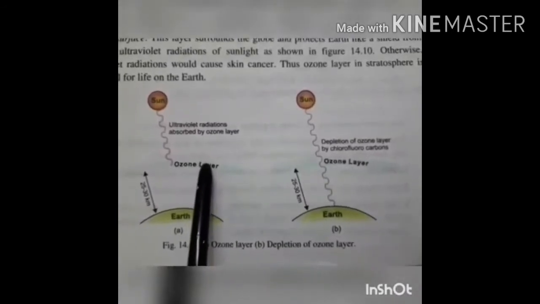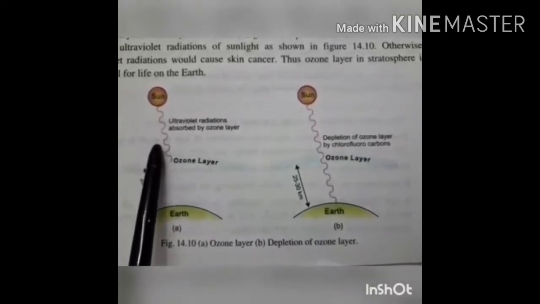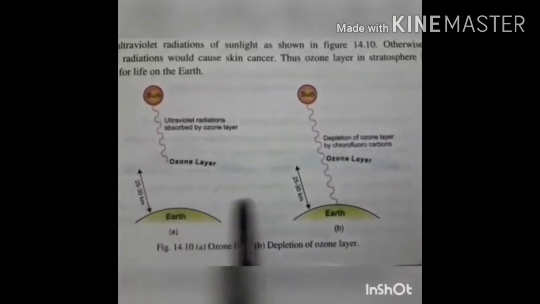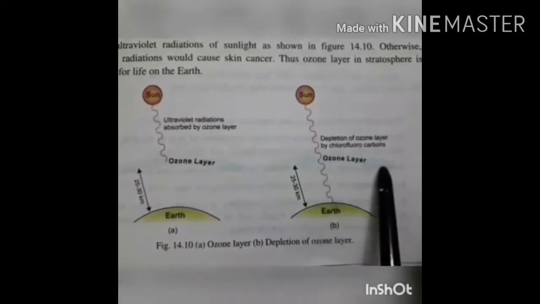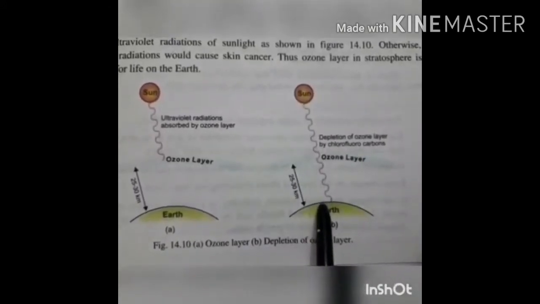Here is a figure showing ozone layer and depletion of ozone layer. When there is ozone layer, it prevents ultraviolet radiations from the sun from reaching Earth, and when ozone layer is depleted, then ultraviolet radiations come to the Earth.